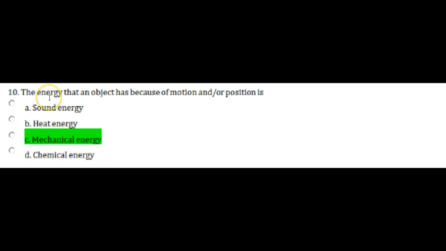Number 10, this is another repeat question from the first week or from the week 2 quiz. The energy that an object has because of motion or position. Motion means that it is kinetic energy. And position means that that is potential energy. You can remember potential because position starts with a P and so does potential.